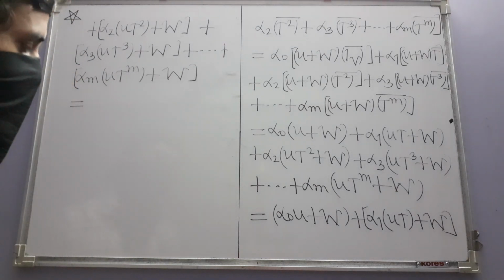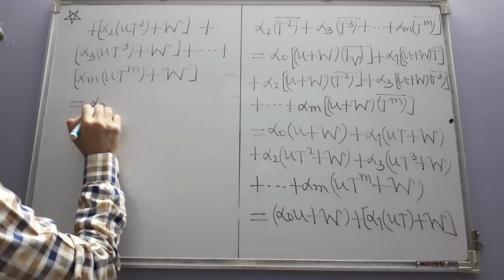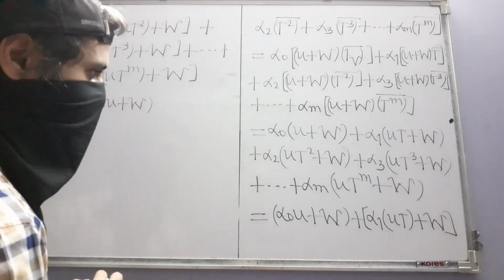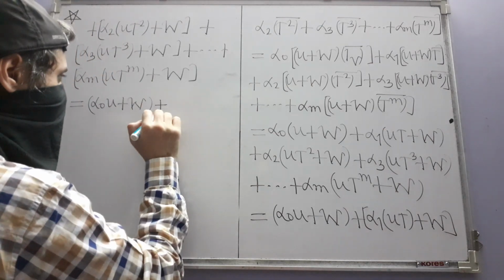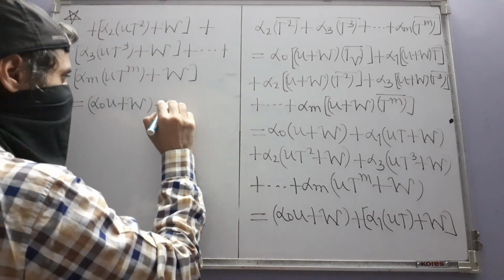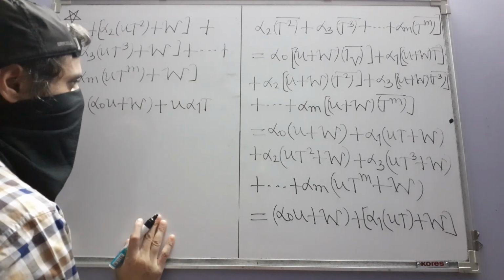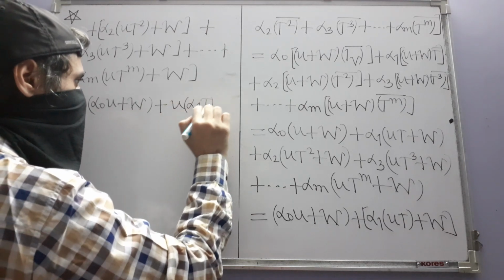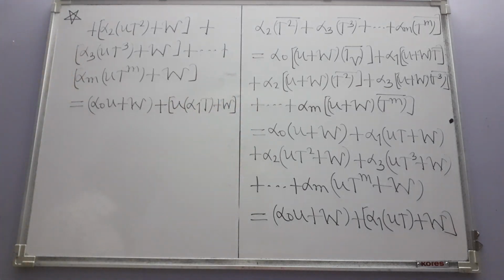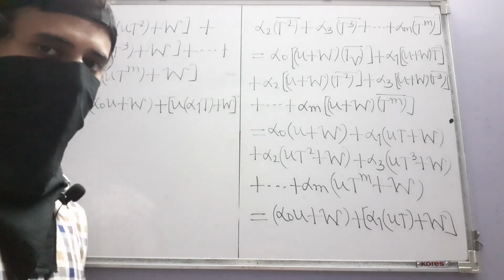Equal to. Okay, now what shall we do? The first term, let me just keep it like that. From the second term onwards, let me write like this. U alpha 1 t plus w. Now what is this? We had alpha 1 ut, suddenly I am writing u alpha 1 t.